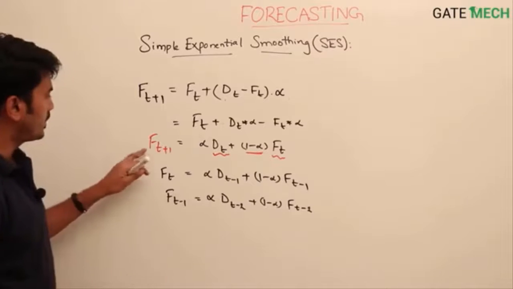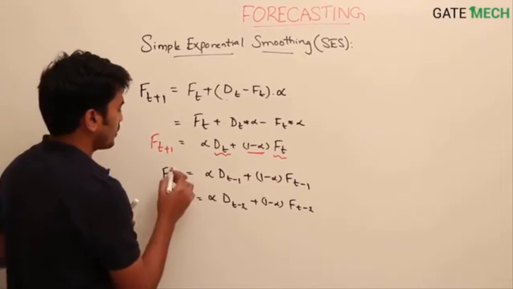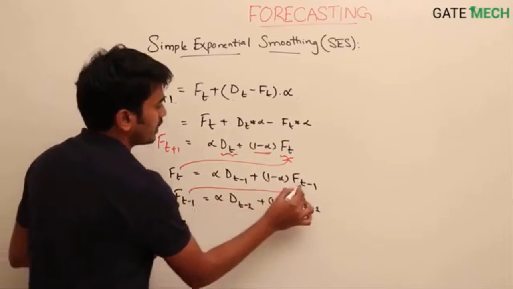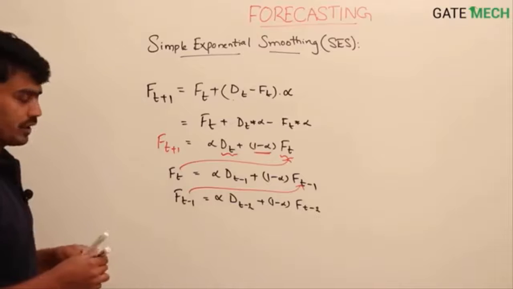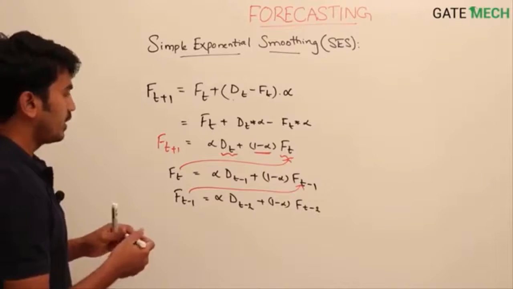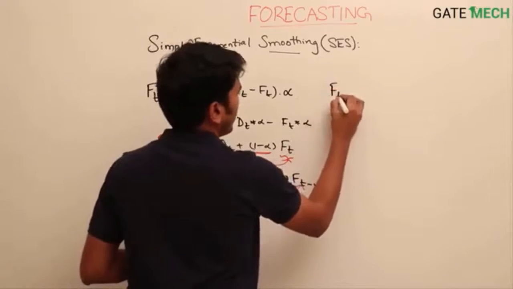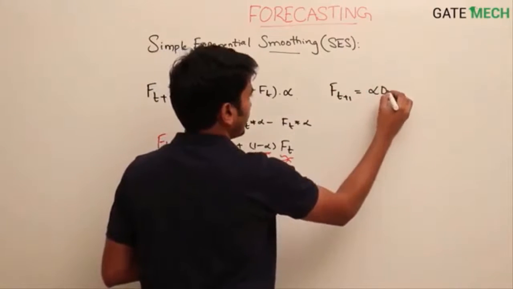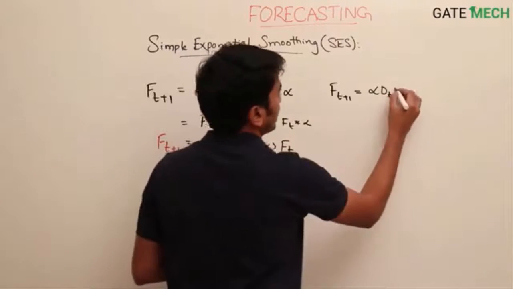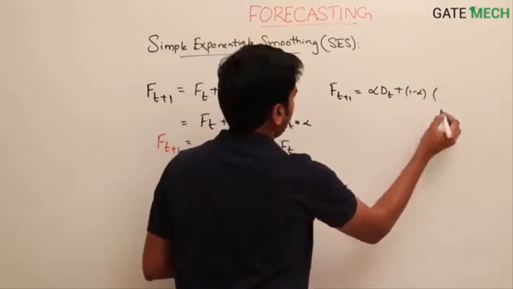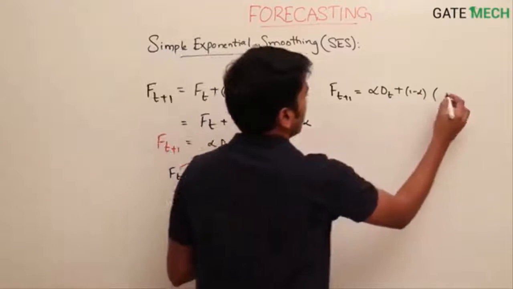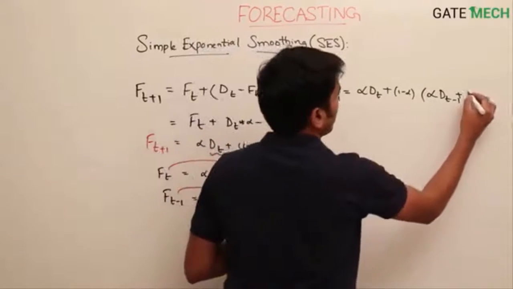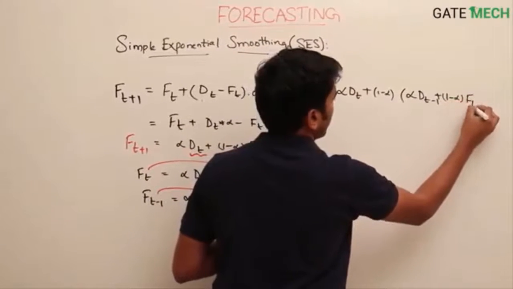Okay, so if you observe these equations, suppose I substitute this Ft here and this Ft-1 here. Then we will see what expression we will get. So this will be Ft+1 equal to alpha into Dt plus 1 minus alpha into the Ft, this expression, alpha into Dt-1 plus 1 minus alpha into Ft-1.